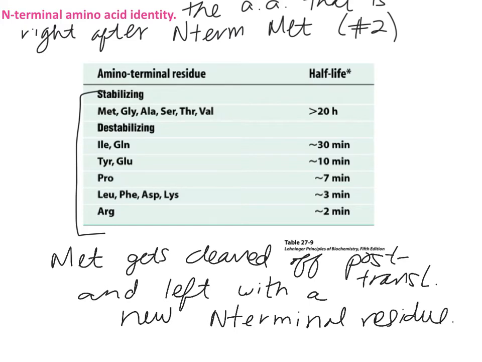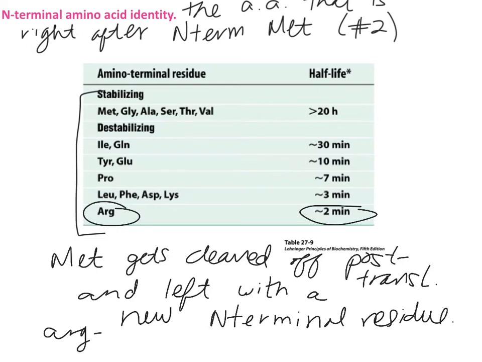And this N-terminal residue is actually a marker for half-life. So if your N-terminal residue is an arginine, so that means an arginine is starting the chain, then that protein is likely only going to last 2 minutes in the cell. And it's going to be marked for degradation by the proteasome within 2 minutes. That's not very long.